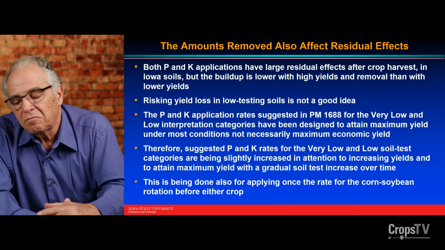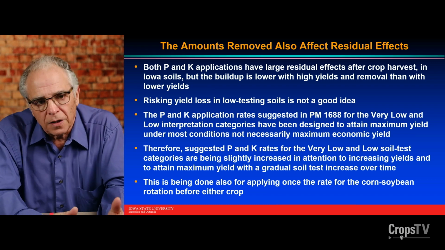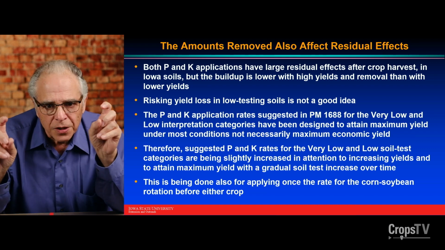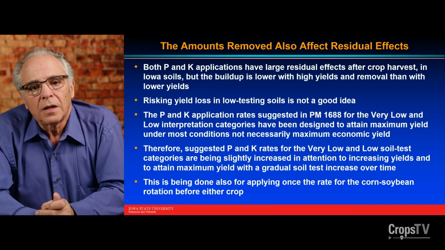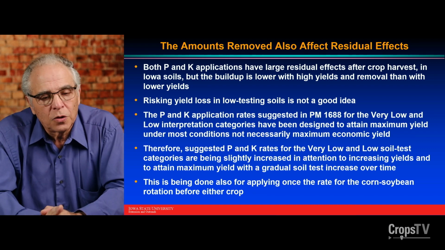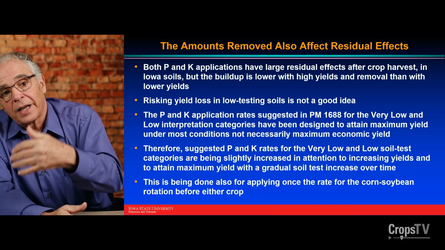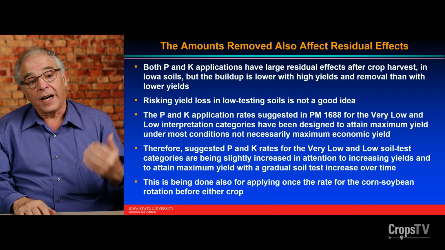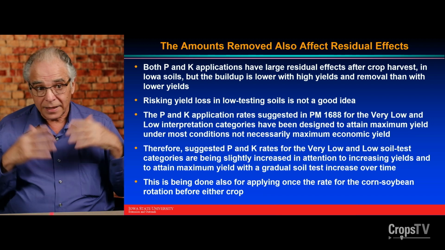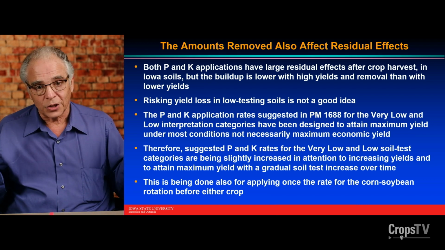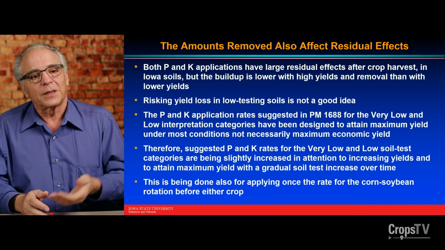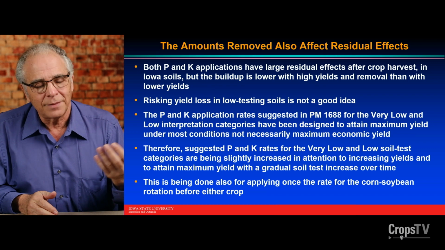If you have a low or medium yield and you apply those rates, then there is always residual effects, as we call, of P and K in Iowa soils. So you will have higher soil test level after harvesting the crop. If you have very high yield levels, the rate to get the maximum yield does not change, but the residual effect will be less because there is more removal, okay?